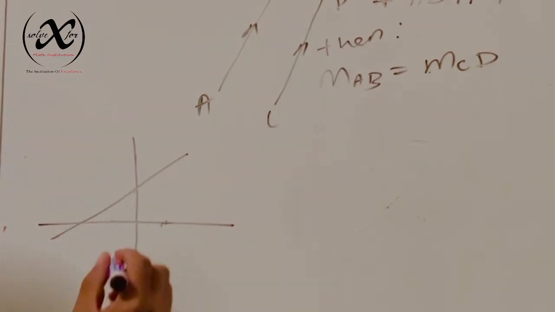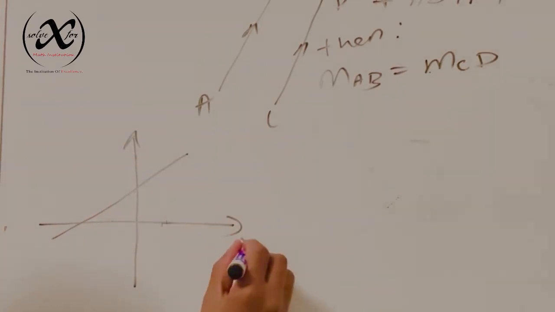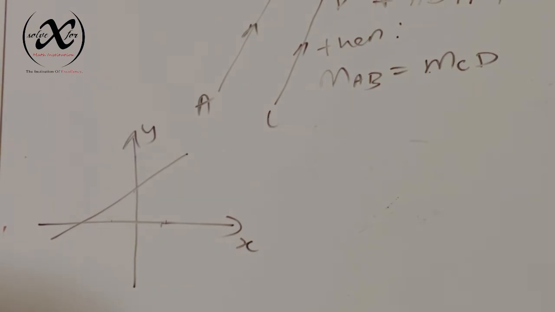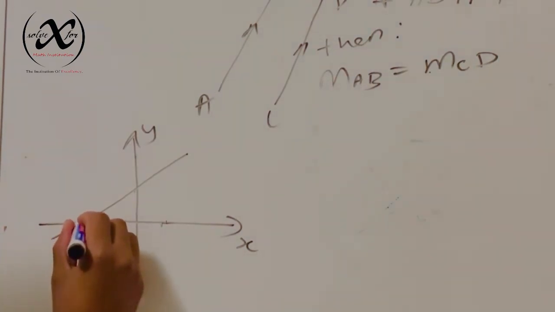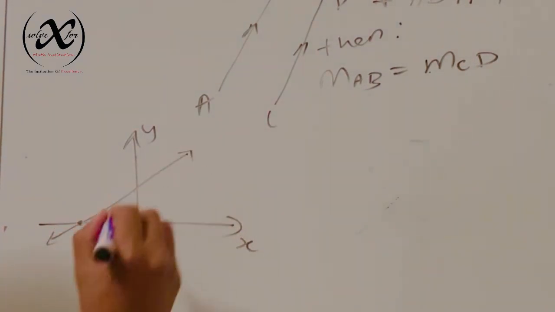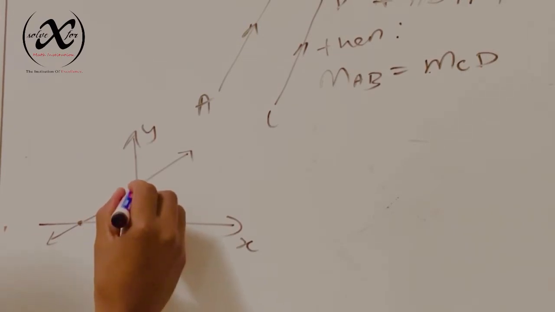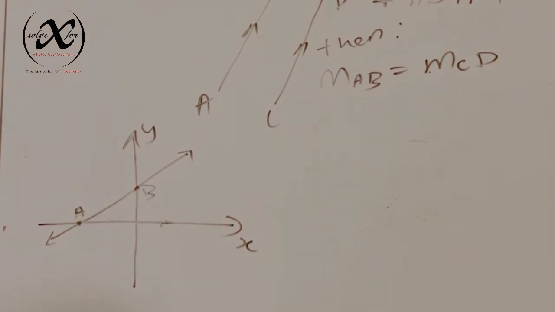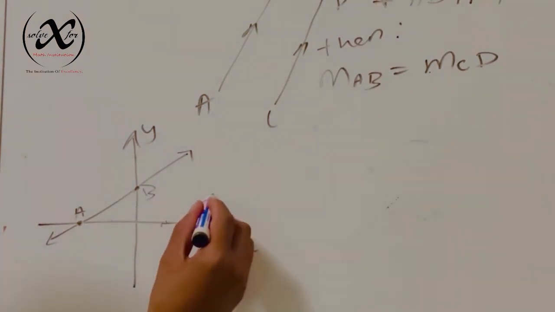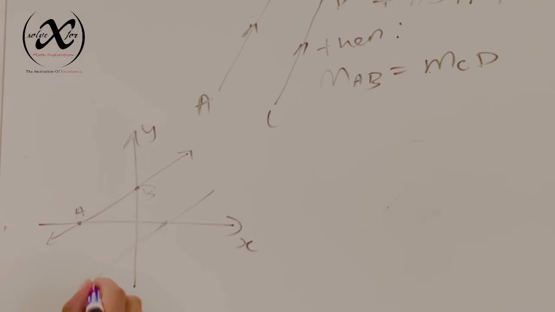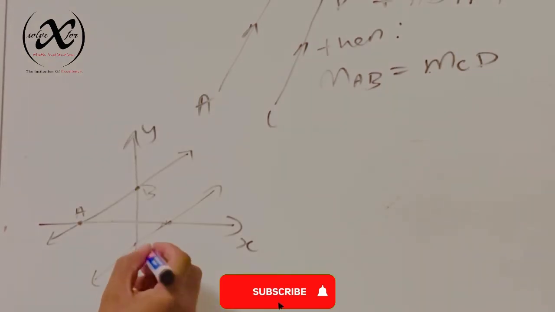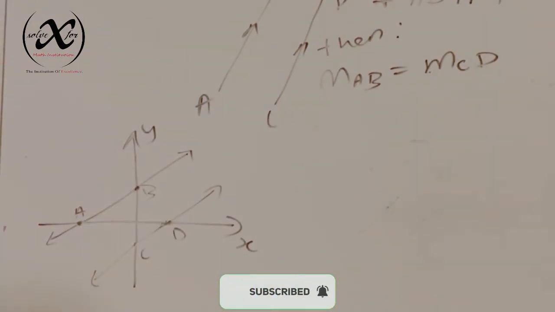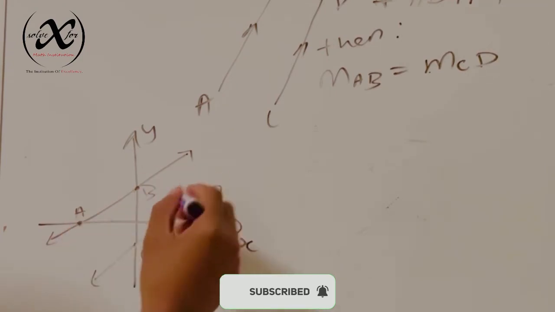You have a point there and a point there. Say that point is A, and there it's B. Then you have another line here, with a point there and a point there. Let's say it's CD. This is line AB, line CD.